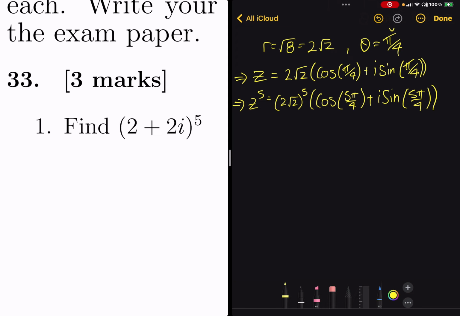So we need to do 2 root 2 to the power of 5. You can do this manually, or you can use your calculator to do this. This is the same as the square root of 8, so we can say square root of 8 all to the power of 5. We can do 2 to the power of 5, which will give us 32. And then we have root 2 to the power of 5.